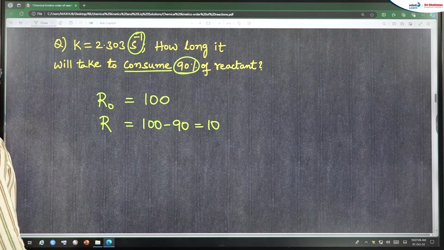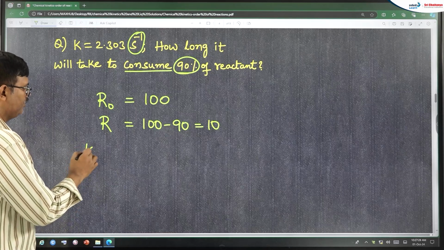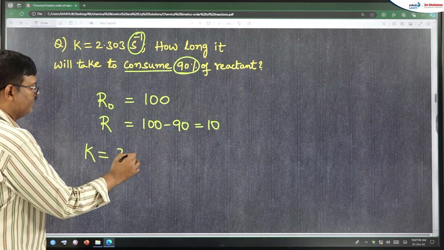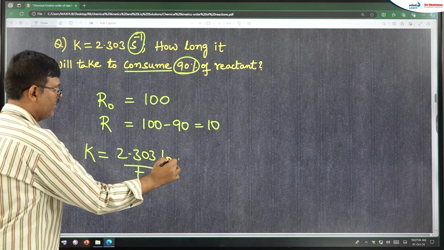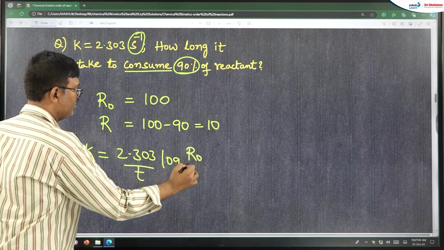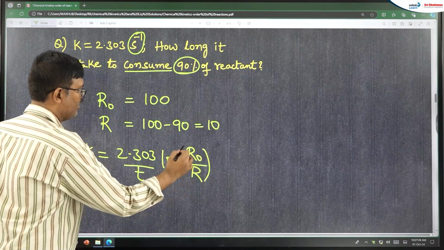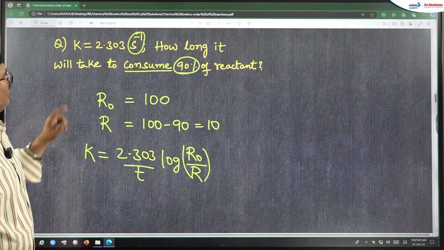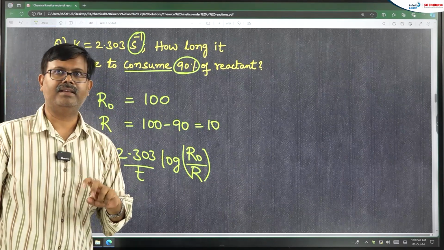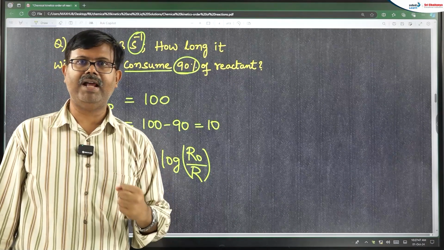What is the formula of first order reaction? K is 2.303 by time, log initial by final. Now, they are asking how long it will take. That means they are expecting the time value.